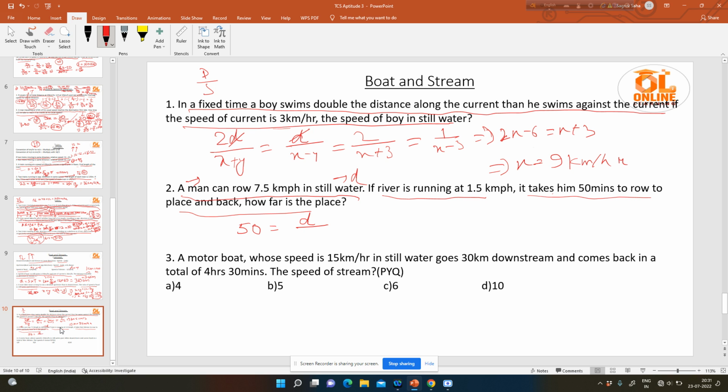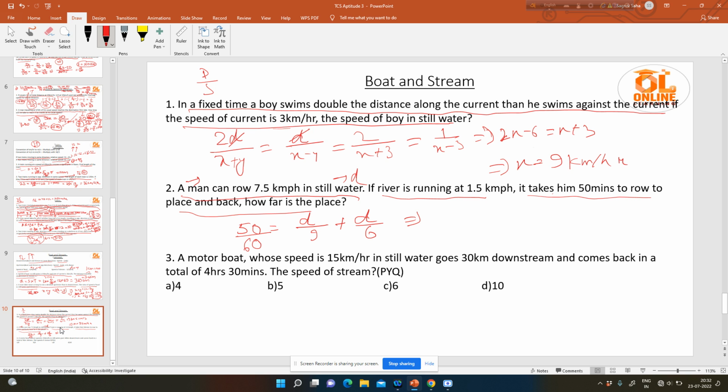So d by the downstream speed, which would be x plus y, and it is 7.5 plus 1.5, that would be 9, plus d by the upstream speed 7.5 minus 1.5, it is 6. And as both are in kilometer per hour, we have to convert 15 minutes into hours, we have to divide by 60, right?